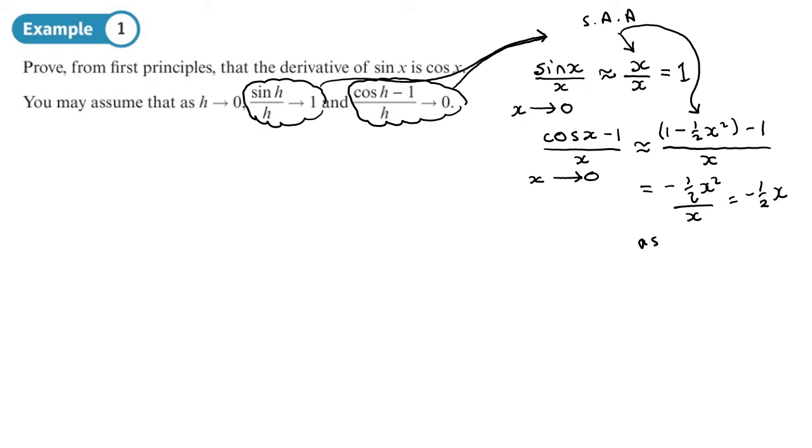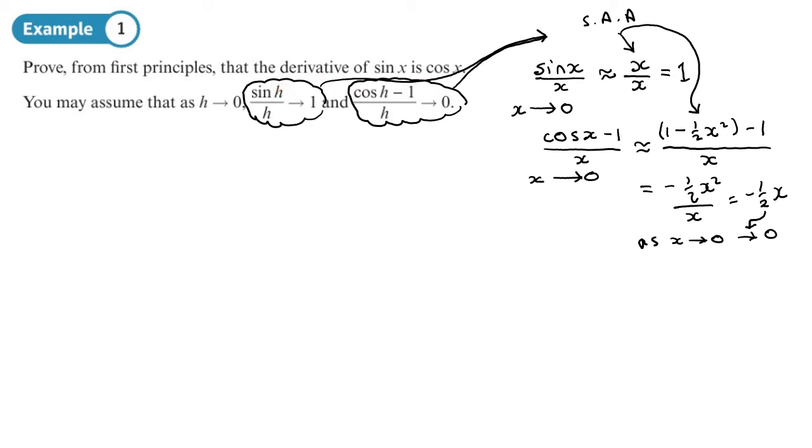So actually this statement here will tend to 0, won't it? So that's why we can use these statements here. They're basically using the small angle approximation as h tends to 0.